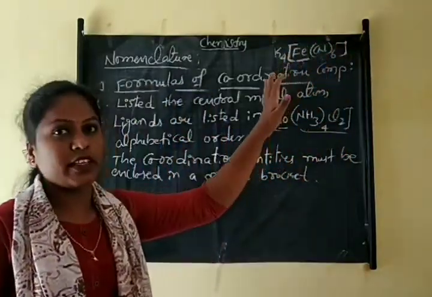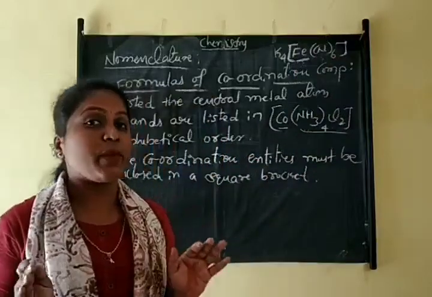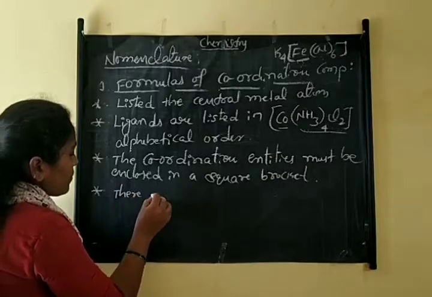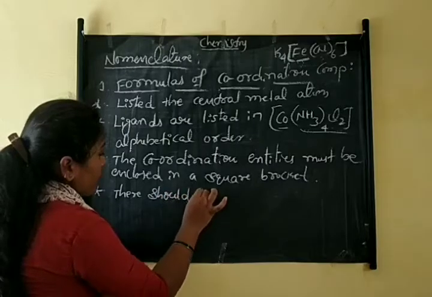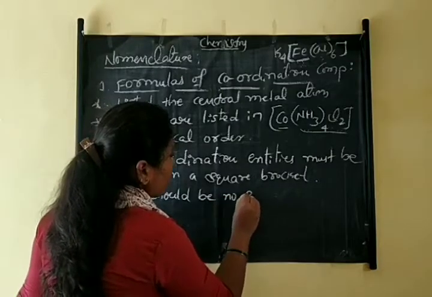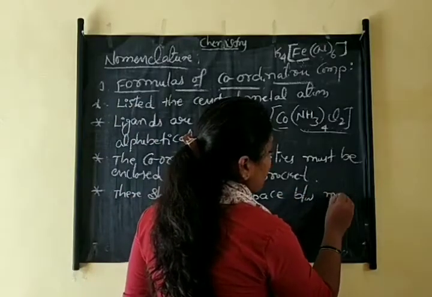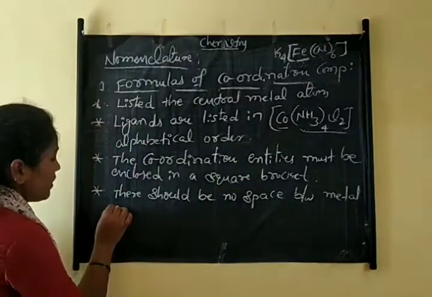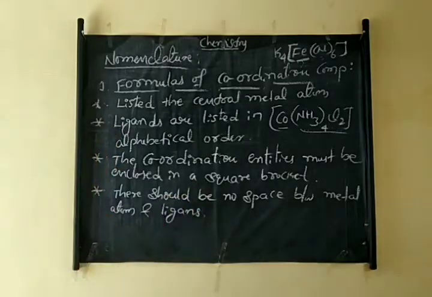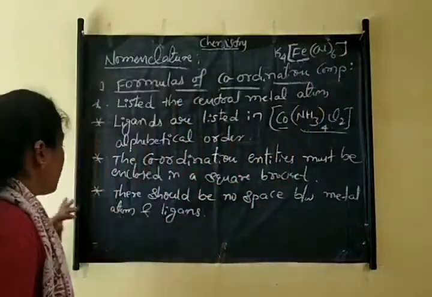In the coordination entity, there should be no space between the central metal atom and the ligands. That is the fourth rule. There should be no gap and no space between the central metal atom and ligands. That is the fourth rule.